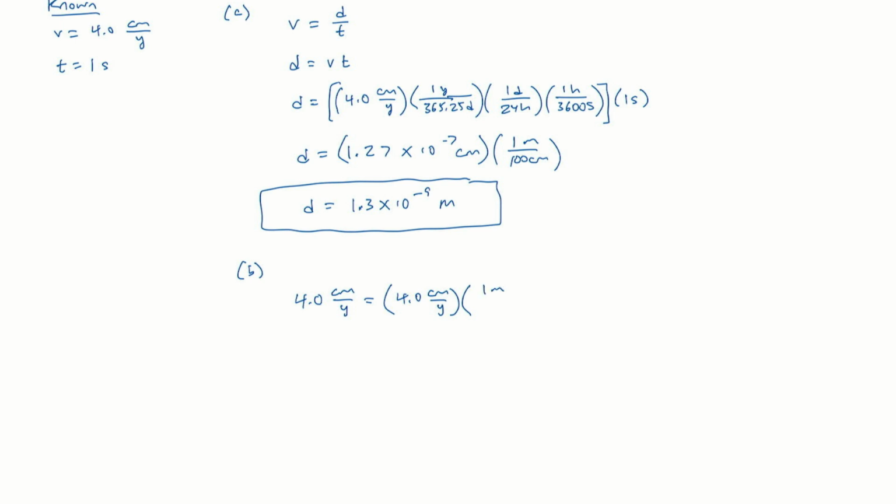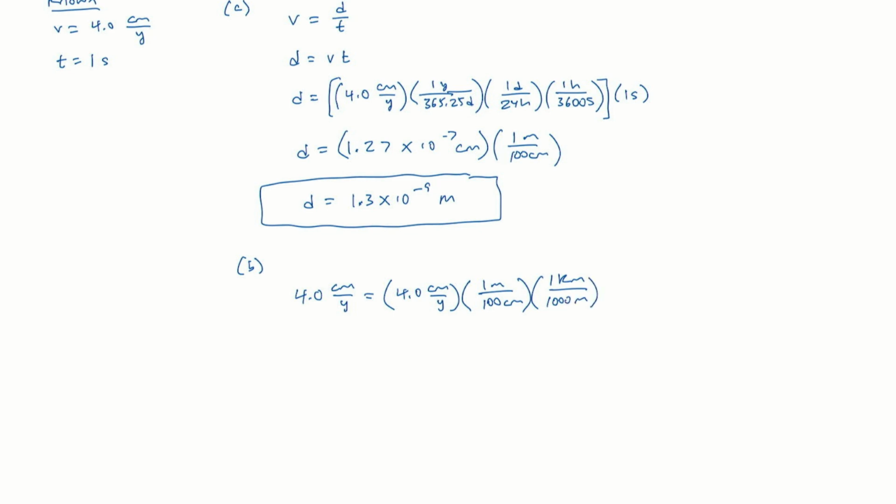So in 1 meter, there are 100 centimeters. And now in 1 kilometer, there are 1,000 meters. Okay. And then we need this in millions of years. And so there are 10 to the 6 years for every million years.